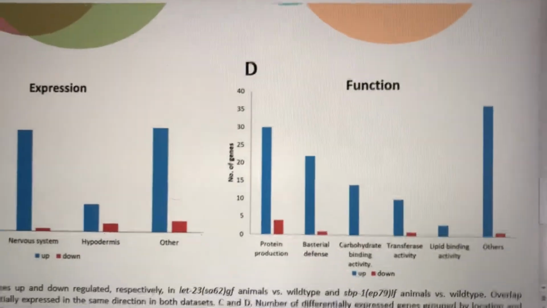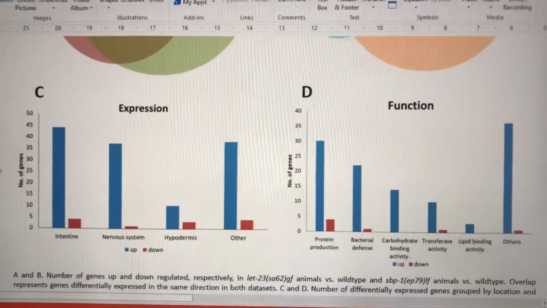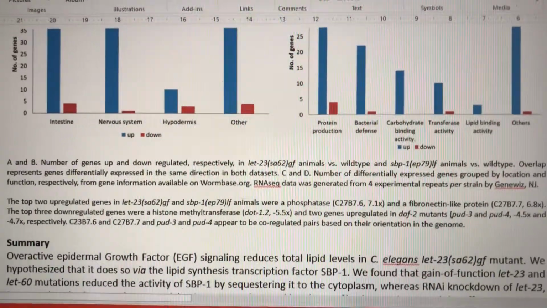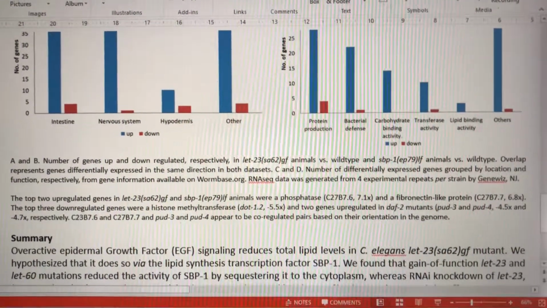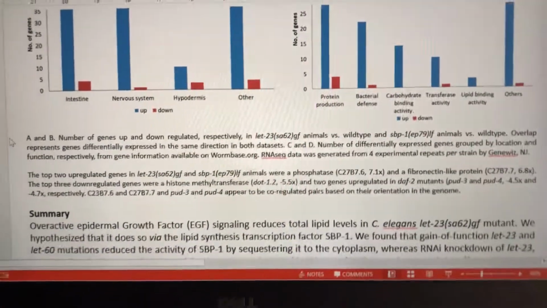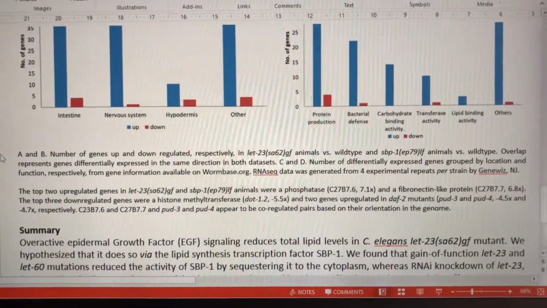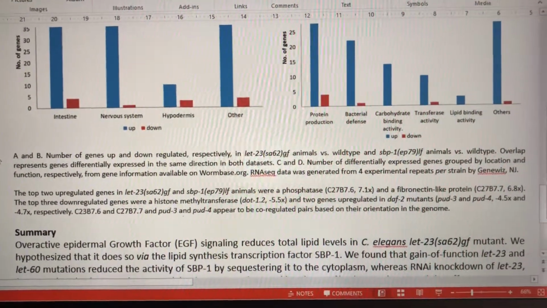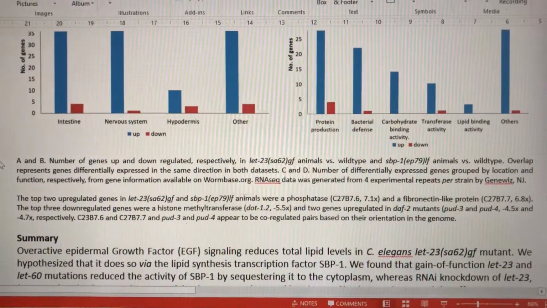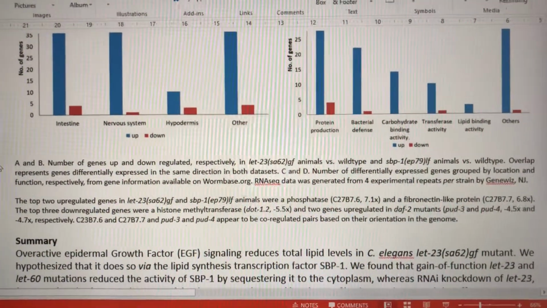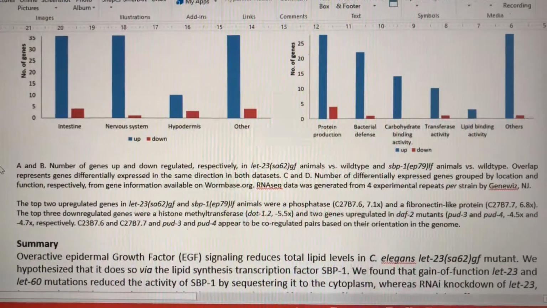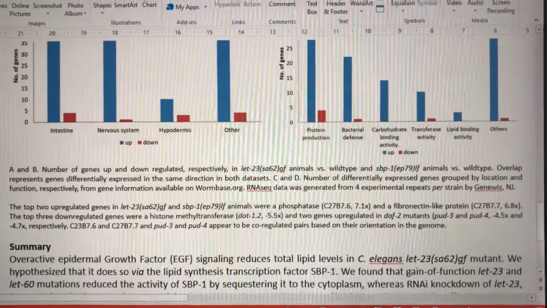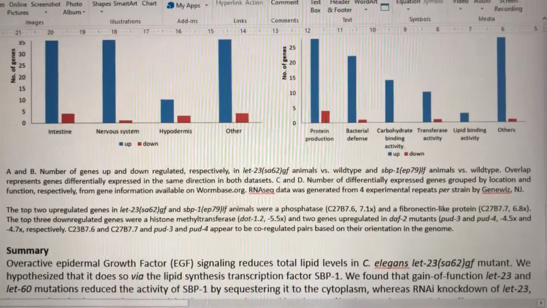Okay, and just to give a little bit more detail, go down a little bit here, we've got it in text here. In terms of the up and down regulated genes, actually what they were, there's a bunch of poorly annotated genes, right? Ones which haven't actually been worked on directly. And the two top upregulated ones were a phosphatase and a fibronectin-like protein.